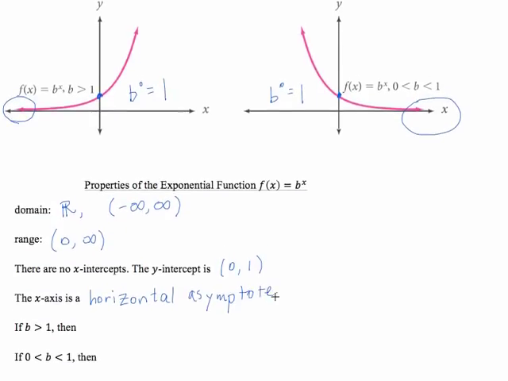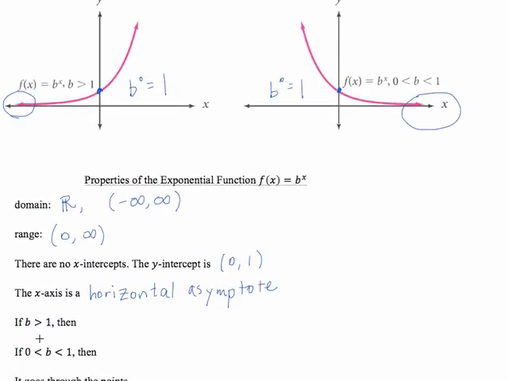So if b is positive and greater than 1, then the function increases. So we'd say then f of x increases. And if b is between 0 and 1, then f of x decreases. And that is for all values of x, everywhere.